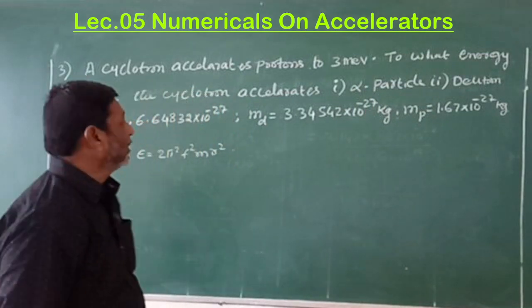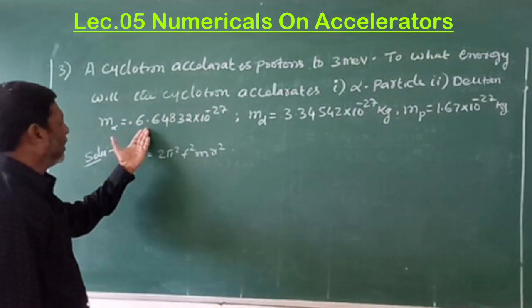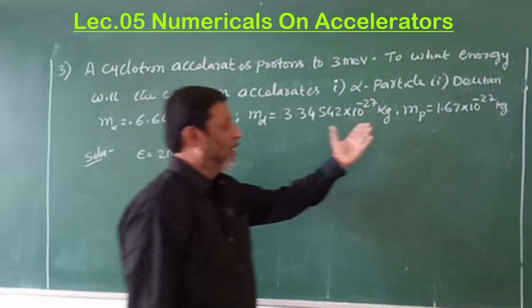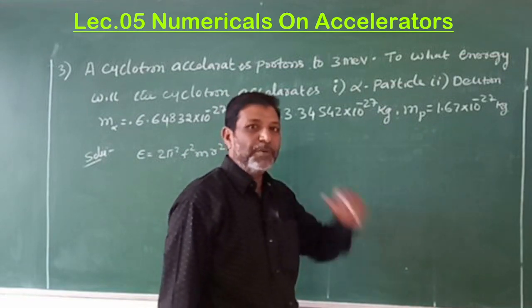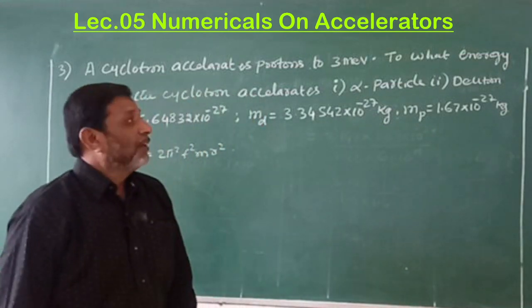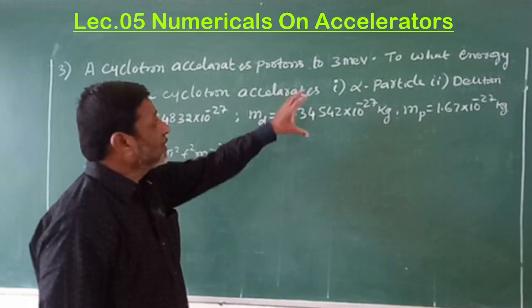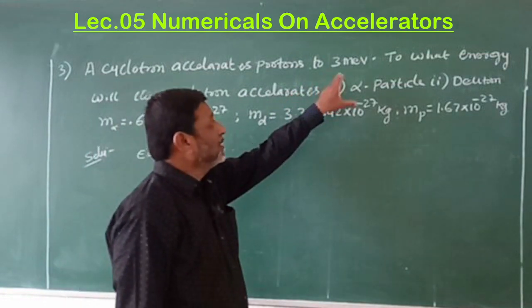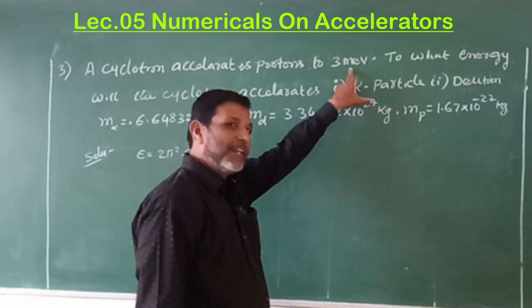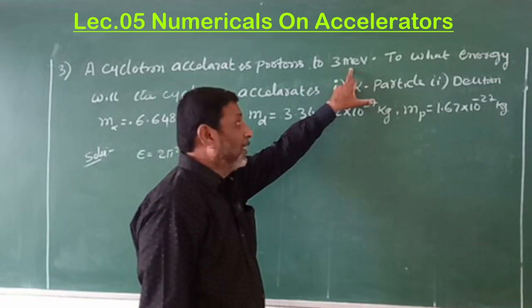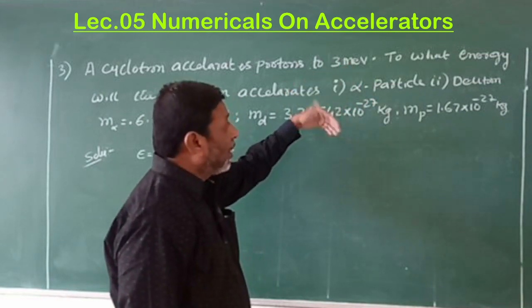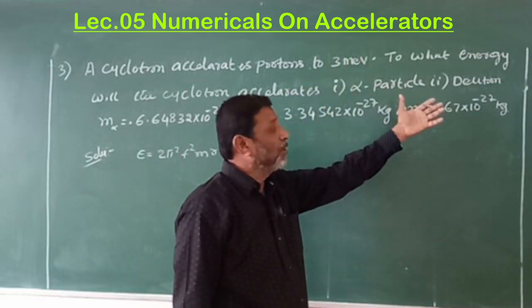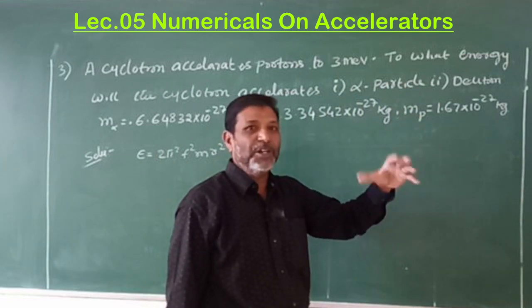Now see, for the calculation of this one, the masses of the alpha particle, deuteron and proton are given to you. Now you must think about what the given values are. First, to what energy the proton is accelerated, that is given, and then to what energy the alpha particle and deuteron are accelerated, that you have to calculate.